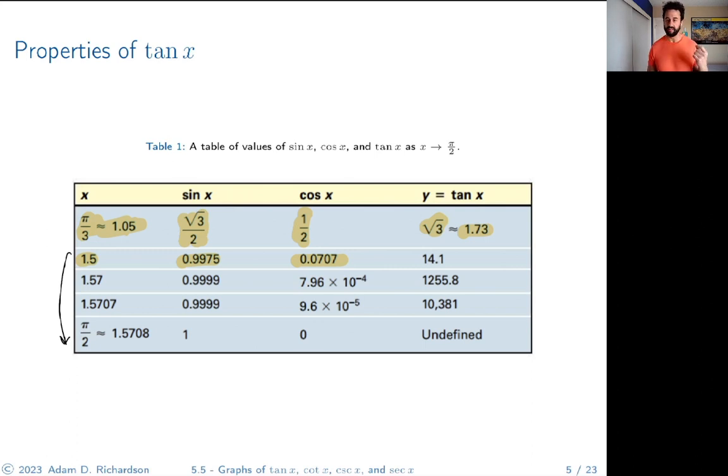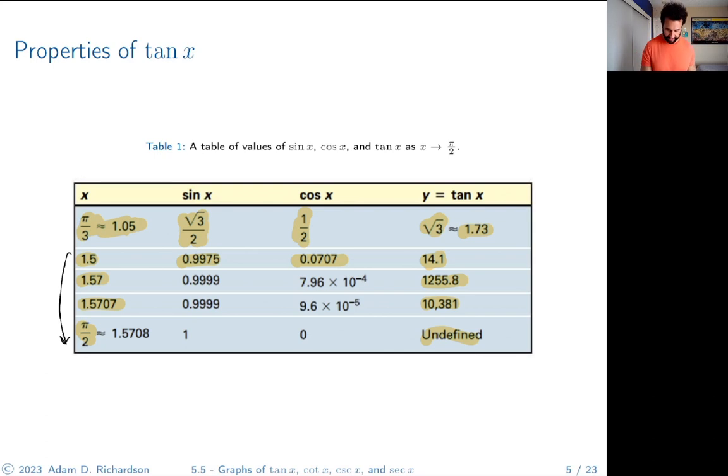So when you take the ratio of those two numbers, you get 14.1. Now, at 1.57, tangent becomes 1,255.8. At 1.5707, tangent becomes 10,381. And then at pi over 2, it's undefined because that's when you have the vertical line.